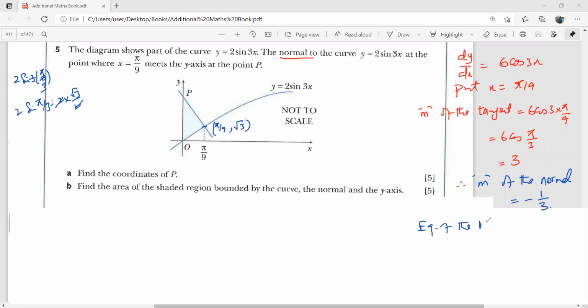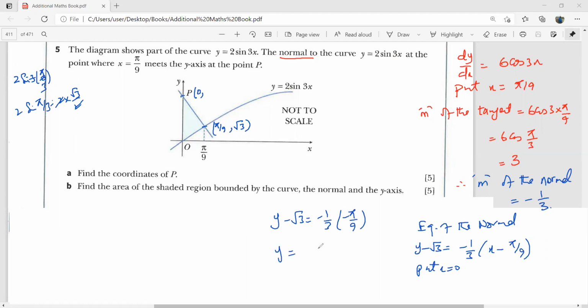Equation of the normal. That is y minus y1 equals m into x minus x1. Okay, and we know that for this point P, our x coordinate would be 0. So let's put x equal to 0. So by putting x equal to 0, I have y minus under root 3 equals minus 1 over 3 into minus pi over 9.